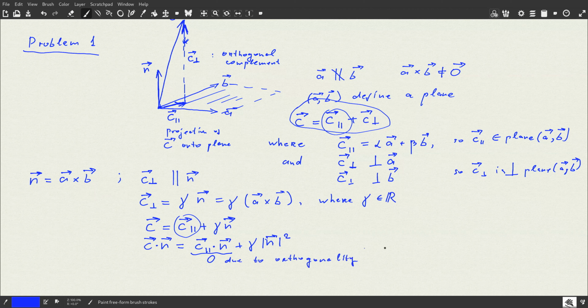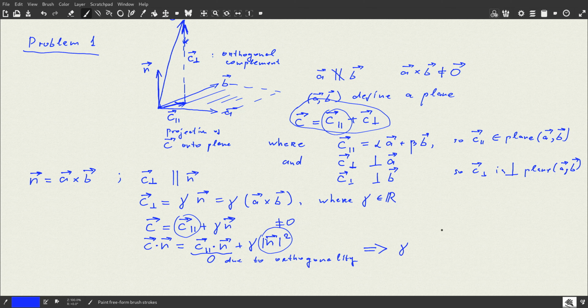And from this, we immediately get gamma, and obviously the absolute value of n is not 0, because the vector product we know is not 0. n is just a vector product.